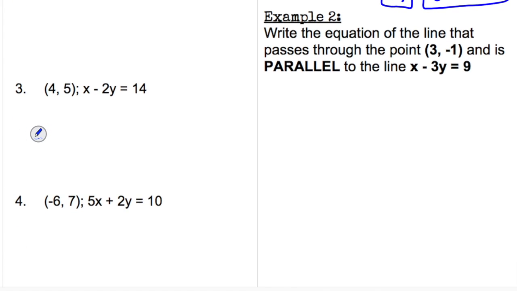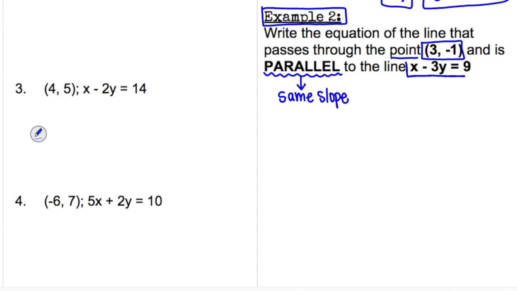We're now going to look at example number 2. Again, we're going to be writing an equation through this point, 3, -1. Again, it's going to be parallel to our given equation, which means that we need to use the same slope as the original one that we were starting with.